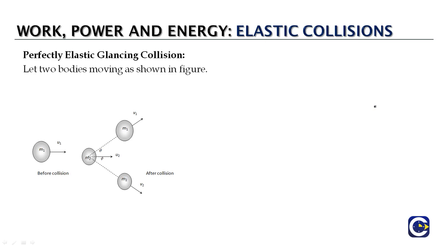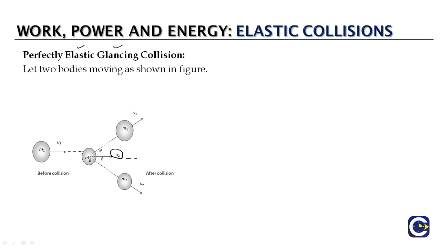But nevertheless, we'll take a look at one of the simple cases of elastic collision, where one particle moving along a particular direction collides with another particle also moving along the same direction, but the velocities are not in the same line.